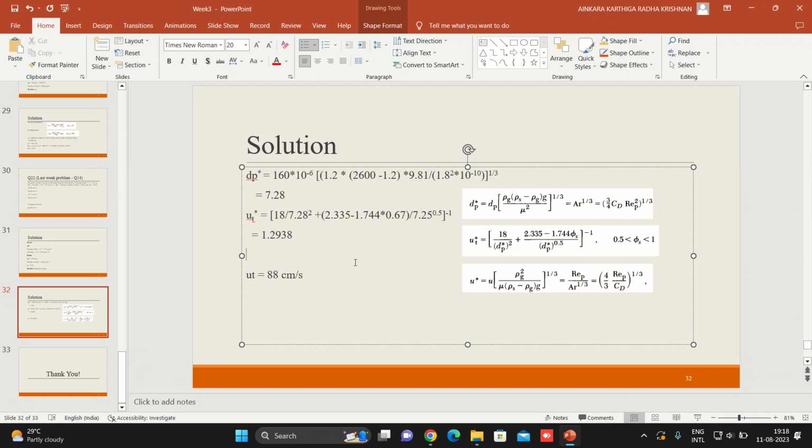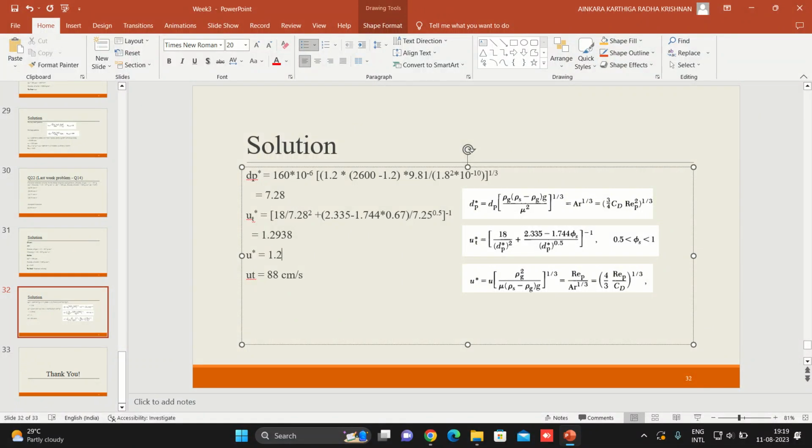Now we are getting U. U star is equal to U into rho g, and this U is UT star.